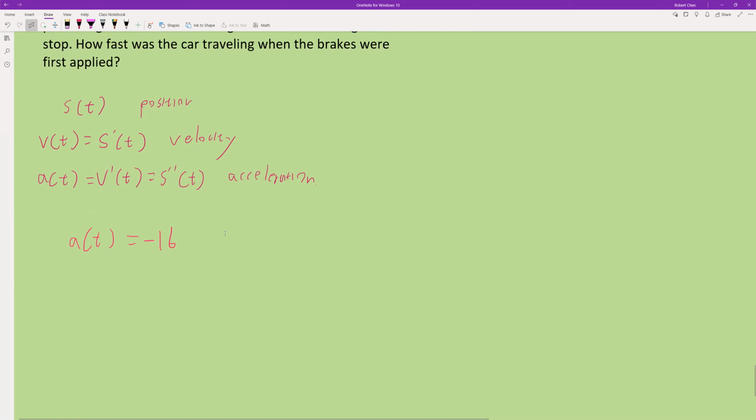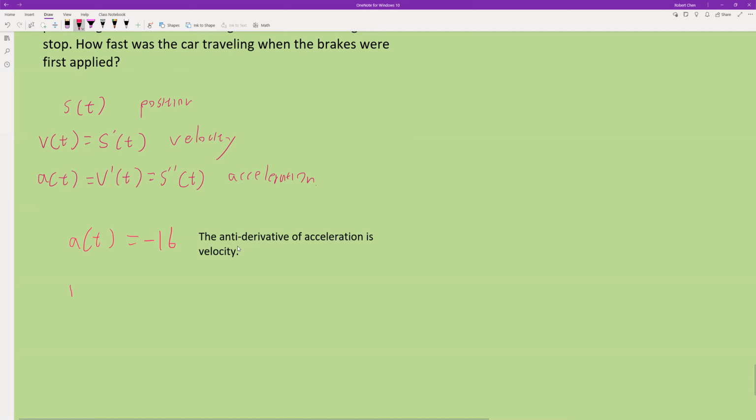Now, to find the velocity, we know that the antiderivative of acceleration is velocity, right? Because to go from velocity to acceleration, we apply the derivative. Then to go backwards, from acceleration back to velocity, we perform the antiderivative.